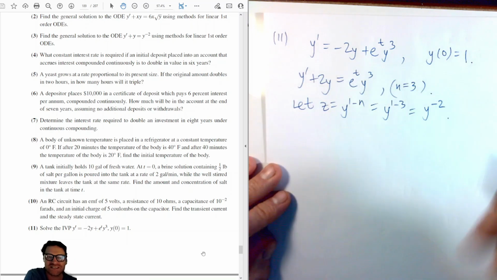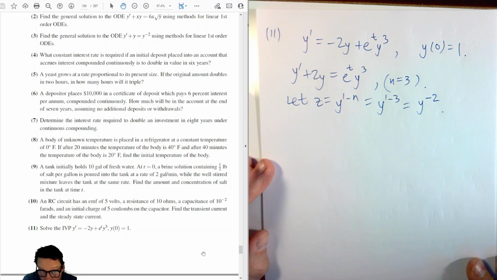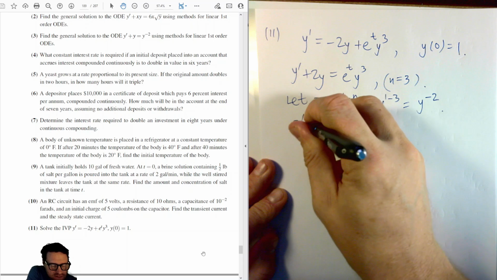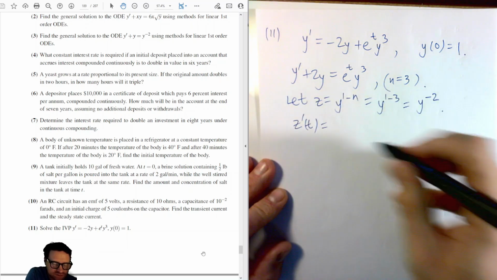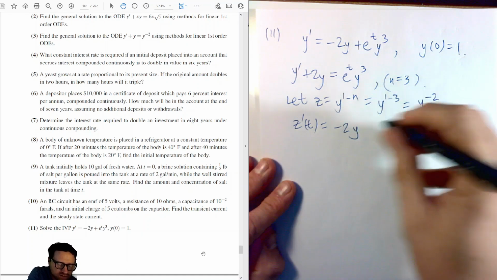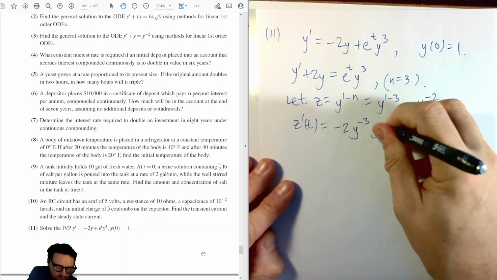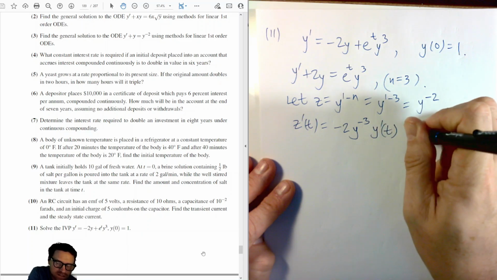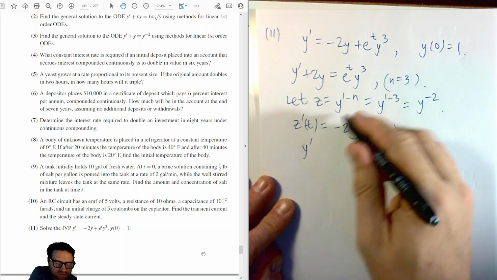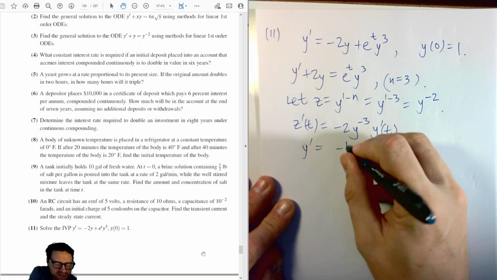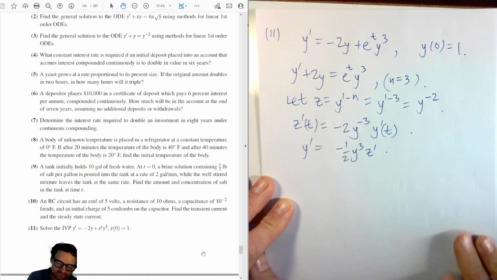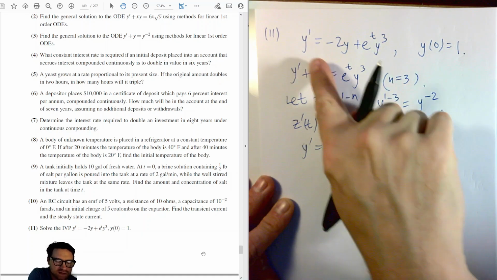Now we differentiate this with respect to t, because we have a t here. So z dash of t is equal to minus 2y to the power of minus 3 times y dash of t. And so solving this for y dash, it is equal to minus a half y cubed z dash.